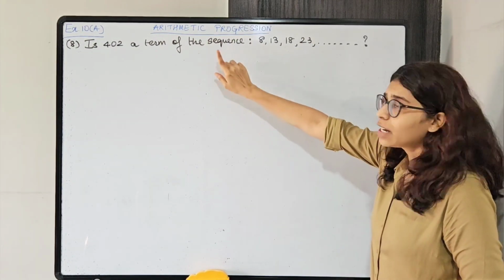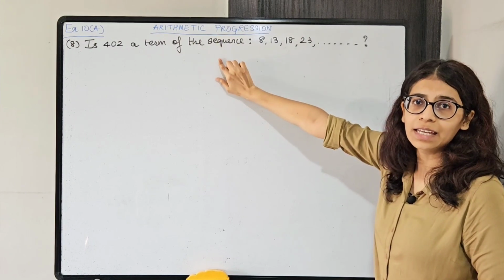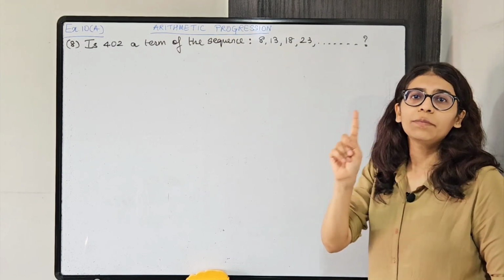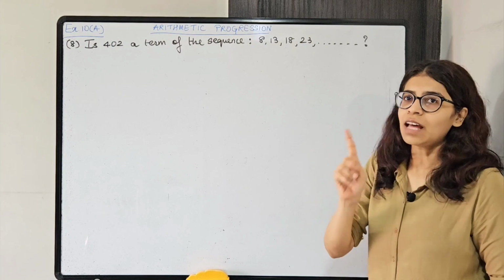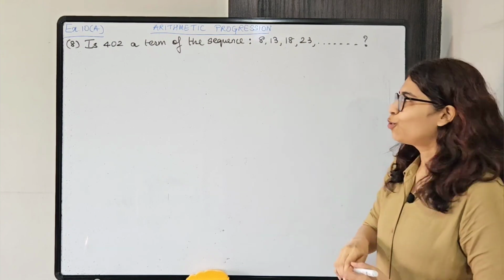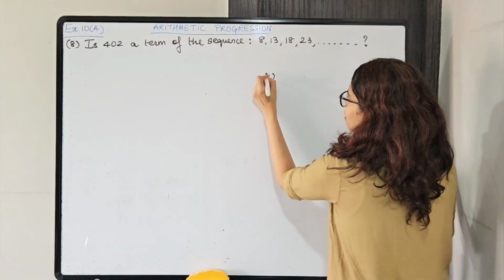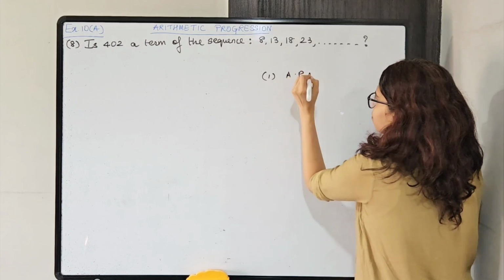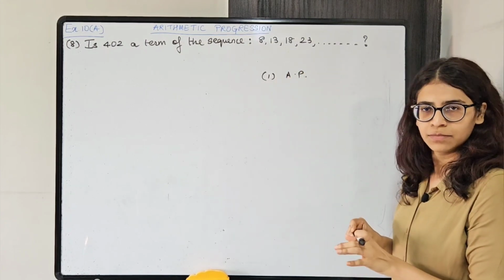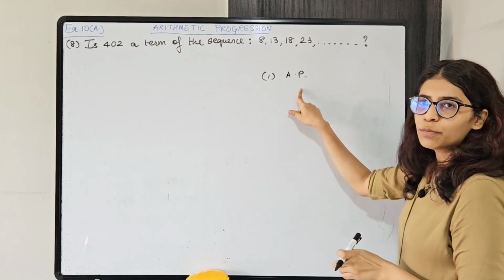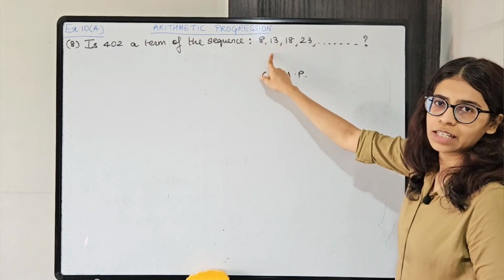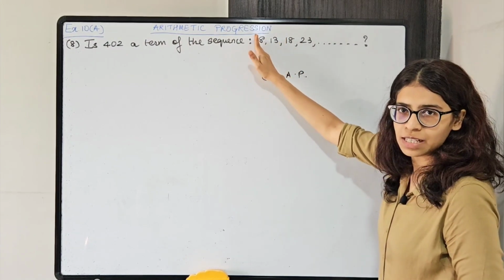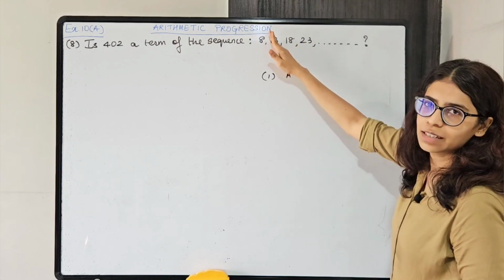Whenever it says sequence or series, the first step is proving that it is an AP. And how will you find out? By finding the difference between two consecutive terms, succeeding term minus preceding term, and so on.